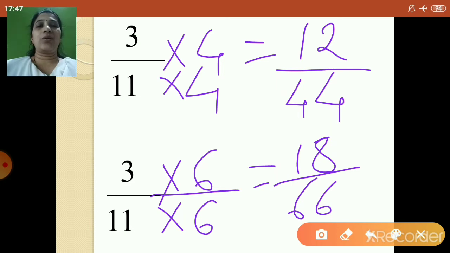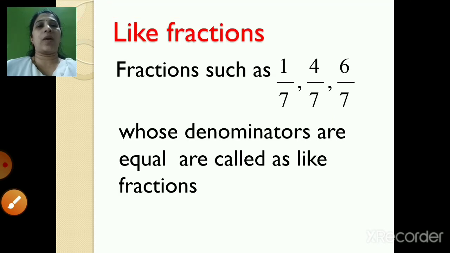As I told you children, you can multiply it by any number, but just ensure that both the numerator and the denominator are multiplied by the same number, right? So let's move to the next one.